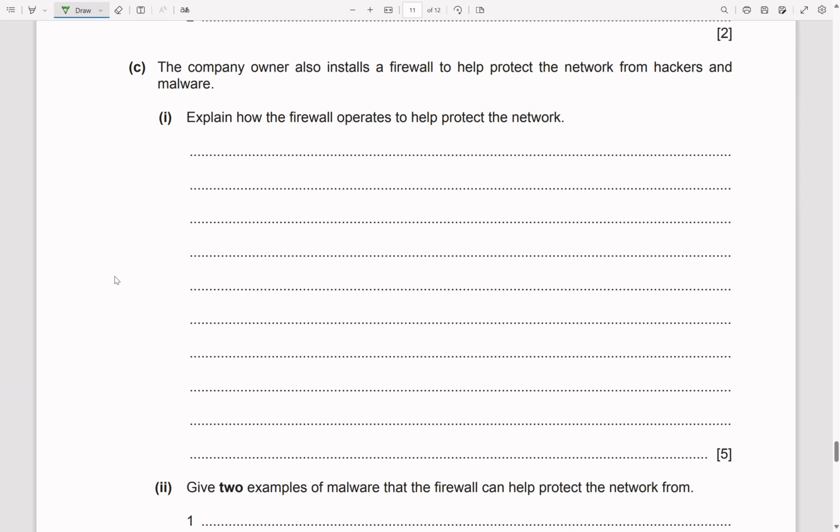So what we can say then is the firewall can be either hardware or software, because often you're going to have two.